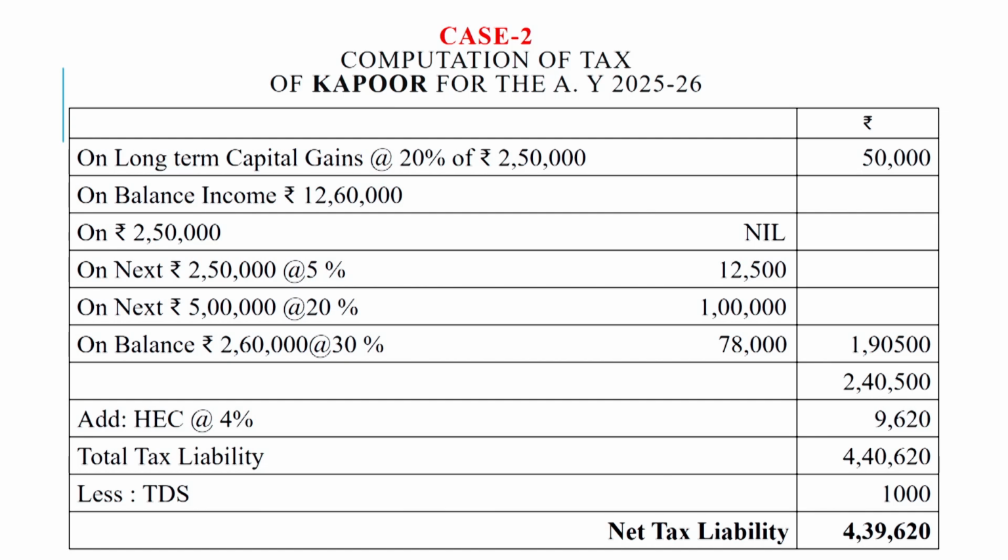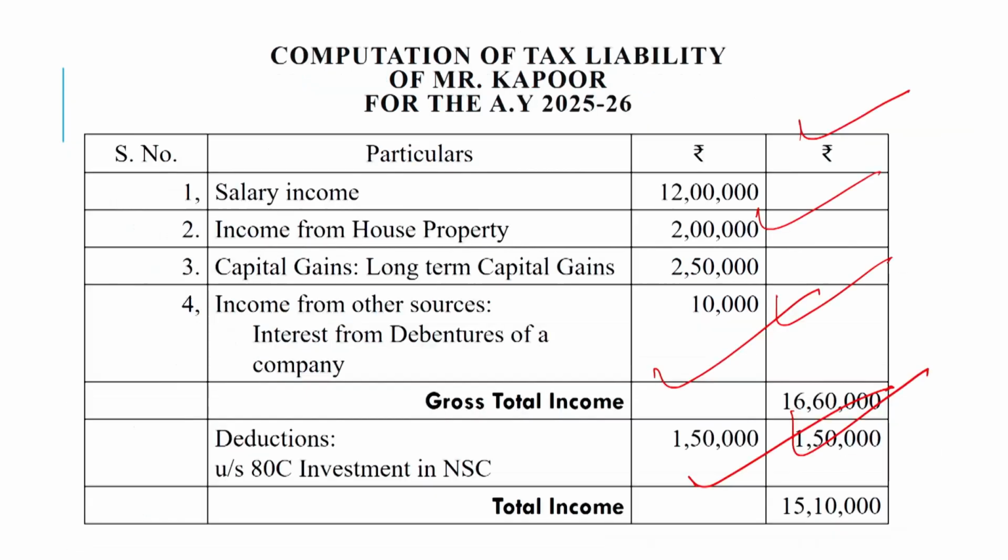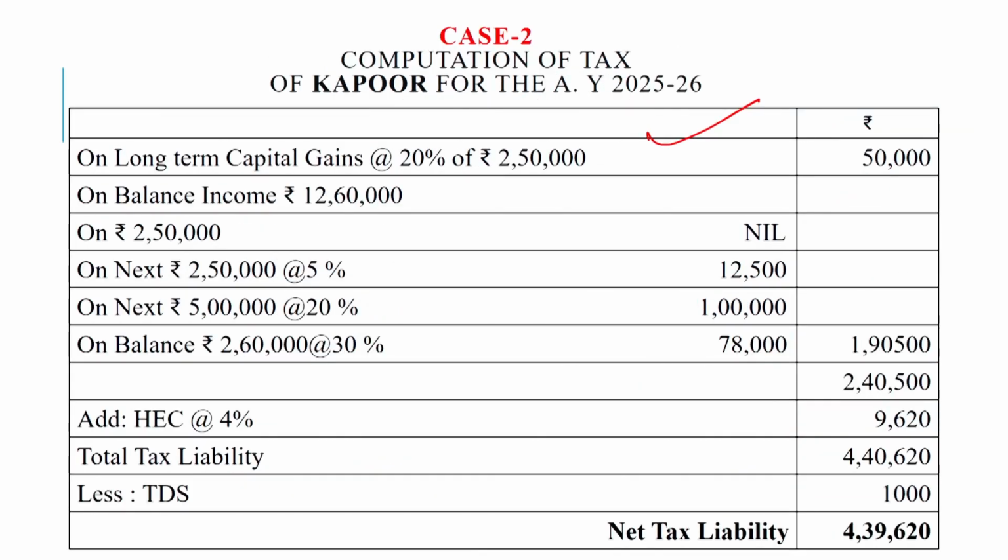On balance 12,60,000. How is 12,60,000 arrived? 15,10,000 minus 2,50,000 long-term capital gain. Up to rupees 2,50,000, no amount of tax. From 2,50,000 to 5 lakh, that is 2,50,000 at the rate of 5%.